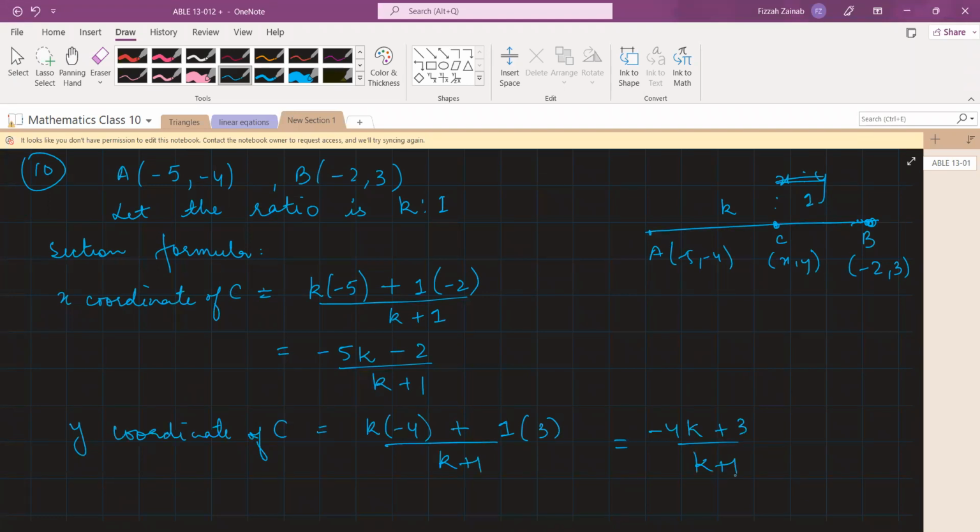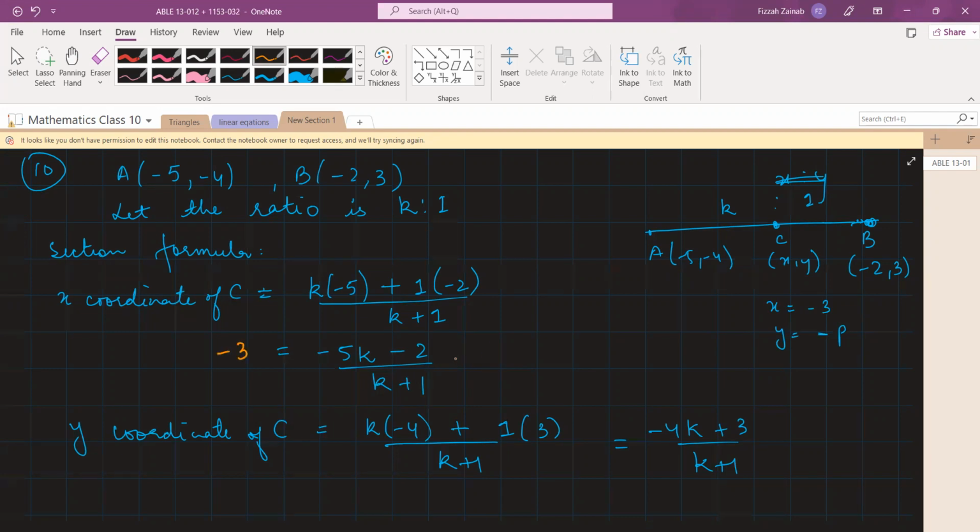Okay, so the point was not actually x and y. It was already given that x is equal to -3 and y is equal to -p. So you can directly put the value here. So basically the x coordinate is -3.